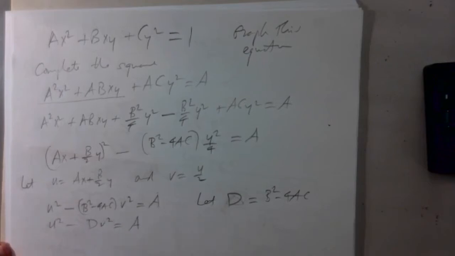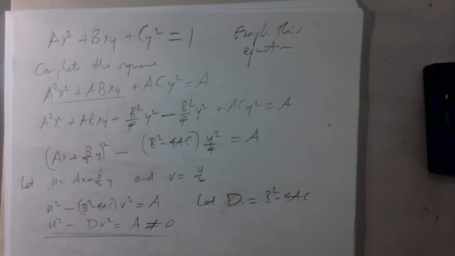And just to make things a little bit less complicated, let's say a is non-zero. So what does the graph of this look like?